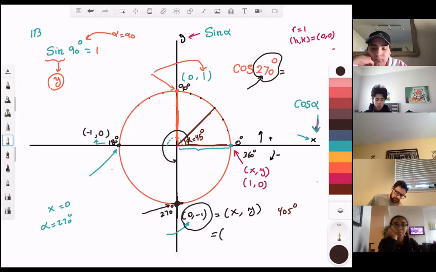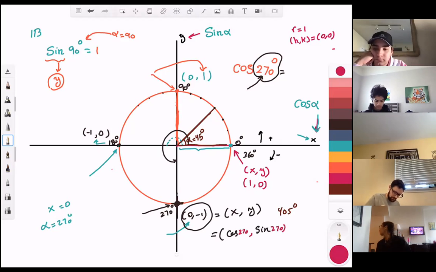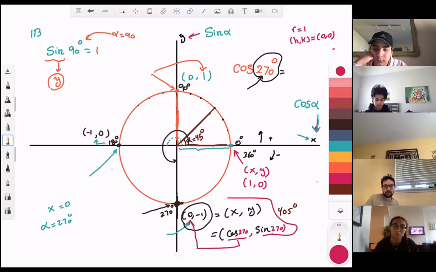Now you just learned x is cosine and y is sine. Because we are at that point, it's cosine of 270 comma sine of 270. So cosine of 270 is 0. Sine of 270 is -1. So the answer is 0.